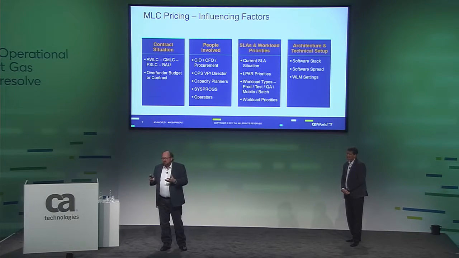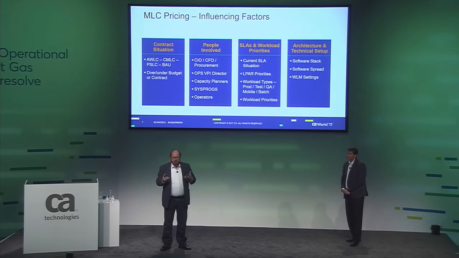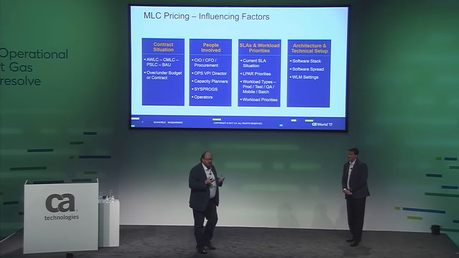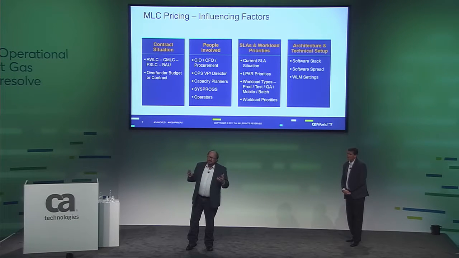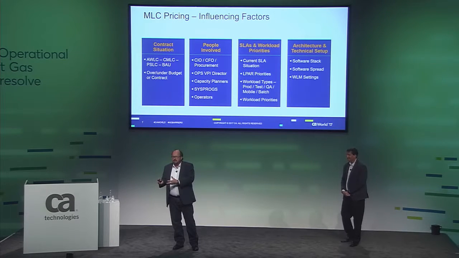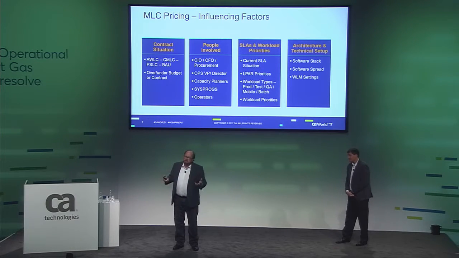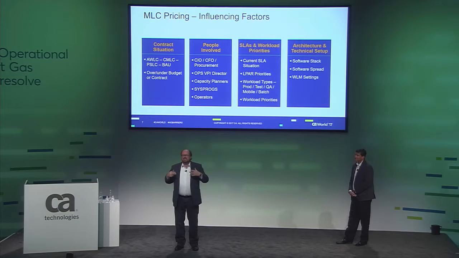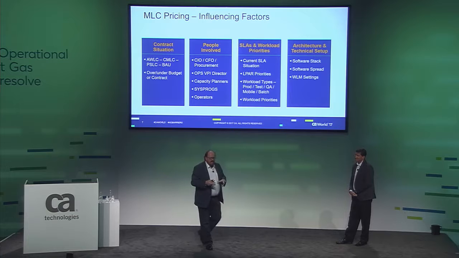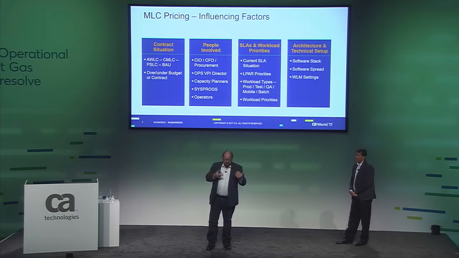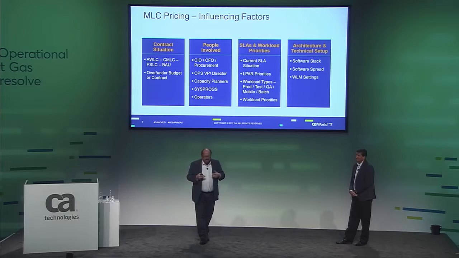You're not going to earn very many bonus points, many kudos with your superiors if you reduce the MSUs, but that leads to a deterioration of online performance. That was not the idea behind it. So what are your current SLAs? What's your LPAR priority, your workload types, et cetera, et cetera.